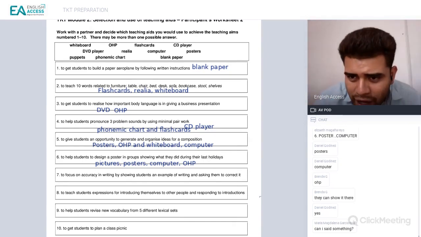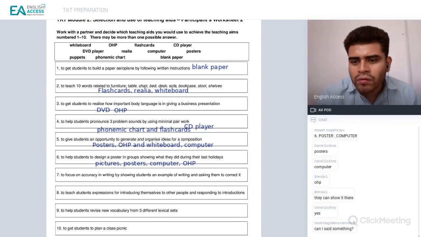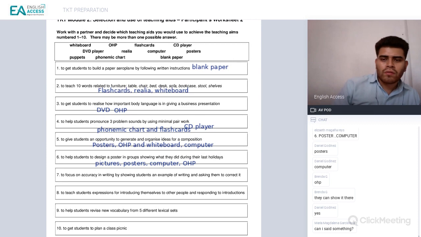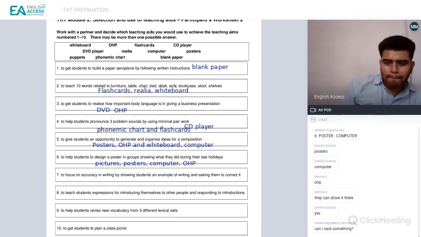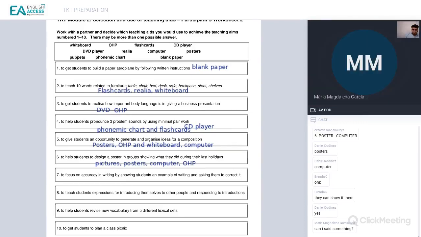Yes, Magdalena, I'm gonna add you. Okay? I was wondering why posters, because it's supposed that they have to do a poster, so they use a poster to do another poster. Okay.